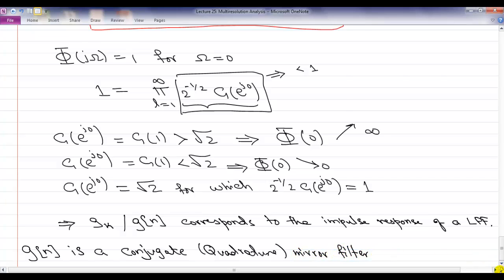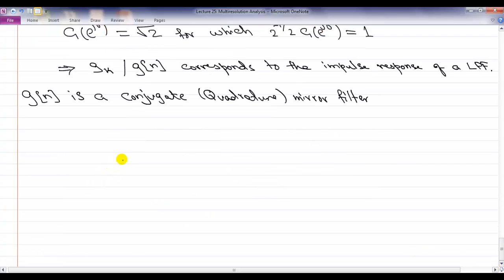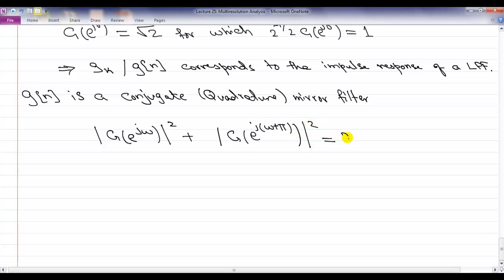And what that means is that if you look at |g(e^{jω})|² plus |g(e^{j(ω+π)})|², that is equal to 2.